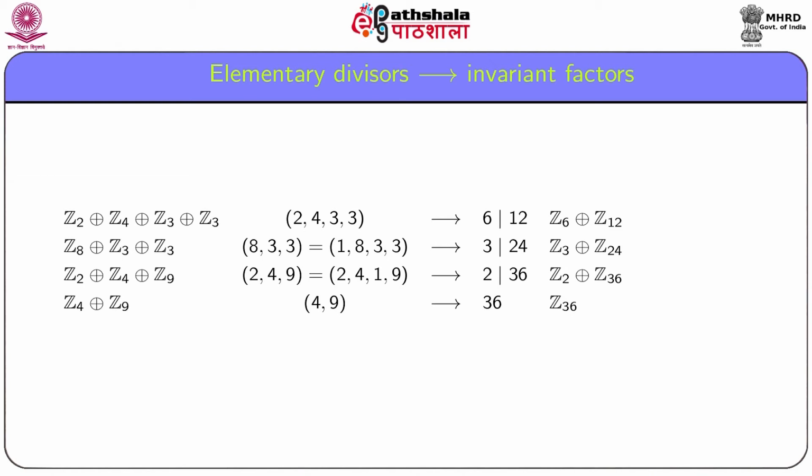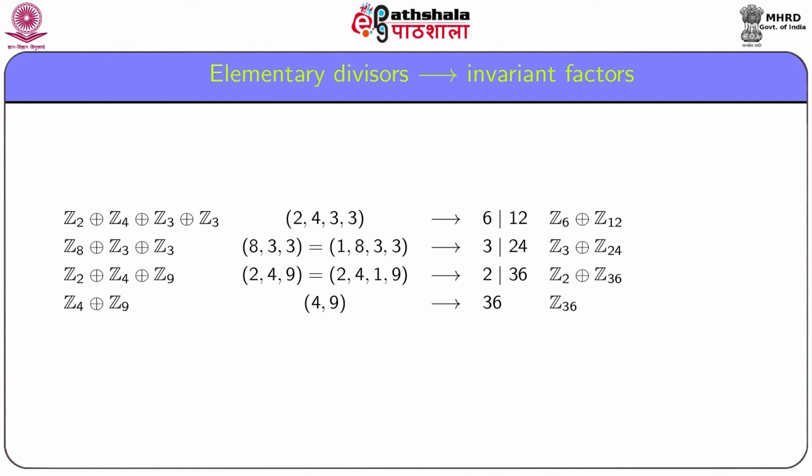Similarly, the elementary divisors of G3 are 3, 3. So, according to the previous proof, we will multiply 2 and 3, and 4 and 3. We can do this because Z2 direct sum Z3 is isomorphic to Z6 and Z4 direct sum Z3 is isomorphic to Z12. Thus, the group can be represented as Z6 direct sum Z12, where 6 divides 12. Thus, the invariant factors are 6, 12.